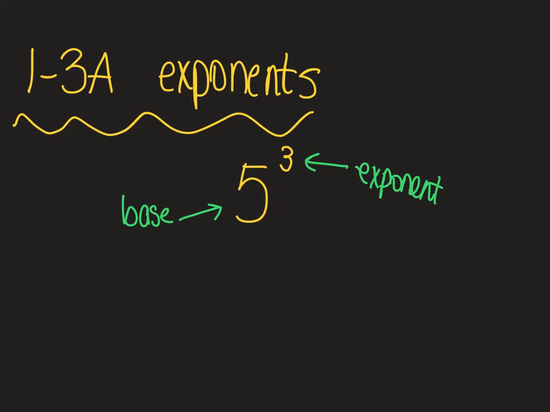So we need to talk about what that means and what the answer is. What does it mean? And there's an actual answer to this. 5 to the third, there's an answer? Yes. The exponent tells you how many.